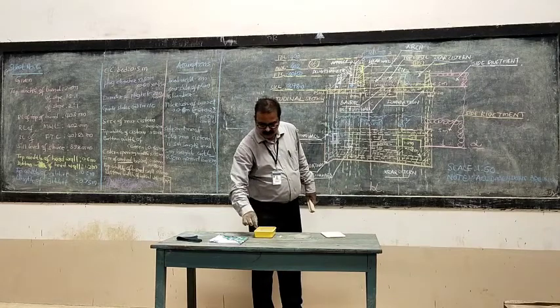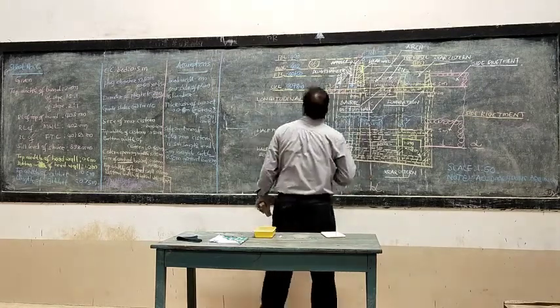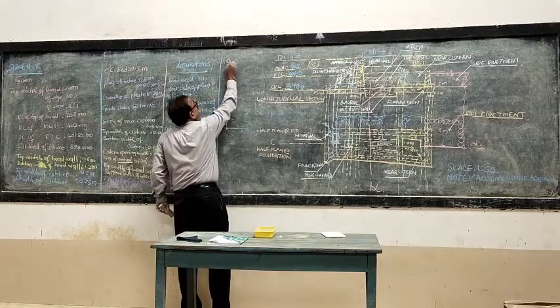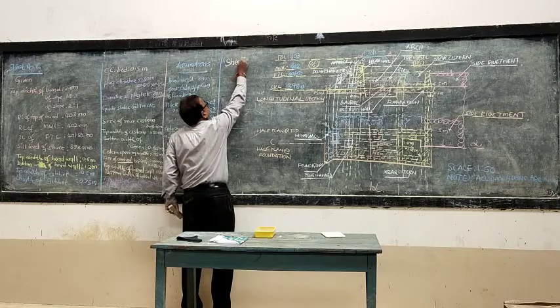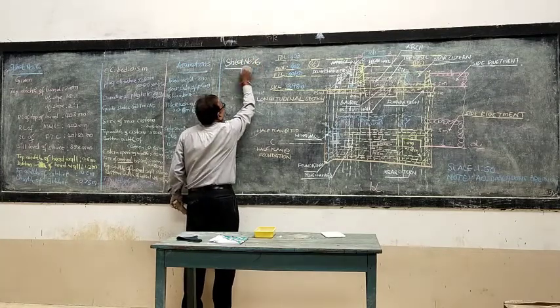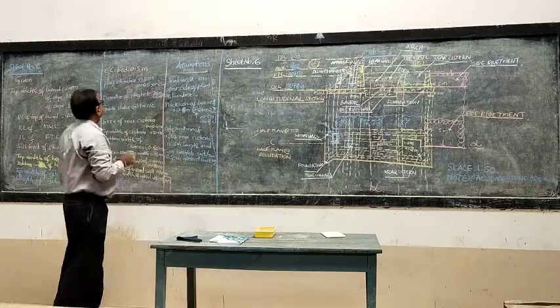And next important is the sheet number. You have to put sheet number 6. Here also you have to write sheet number 6. And the heading I have already drawn here.